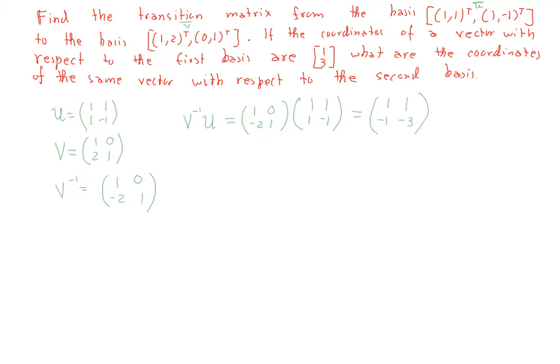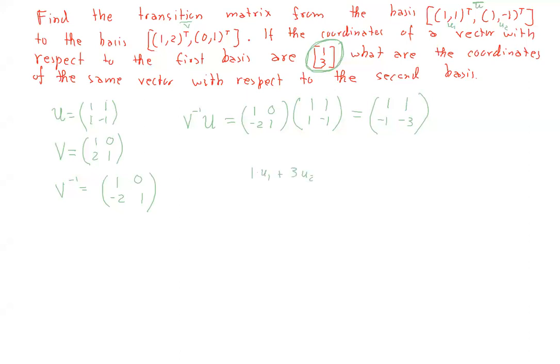So now, what does it mean that you have a vector whose coordinates are 1 and 3? What this means is, if I call this vector u1 and this vector u2, I'm looking at the vector 1 times u1 plus 3 times u2.